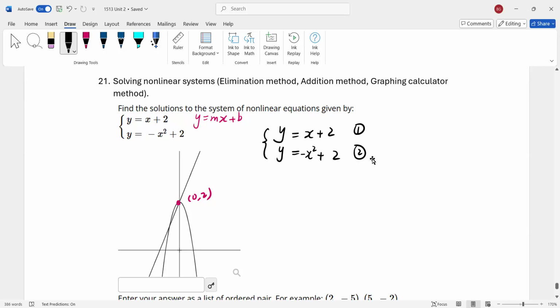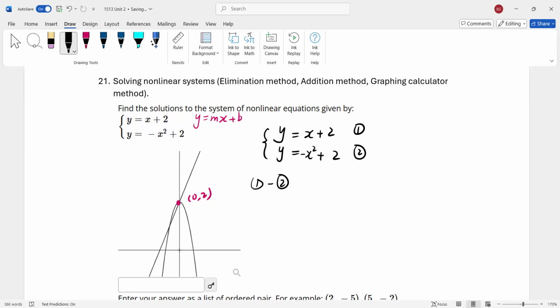The first equation is x plus 2, has a 2 constant term. Second equation has also two terms. The first term is negative x squared. The second term is also 2. So I'm thinking, what if we use equation 1 minus equation 2? What do you think?